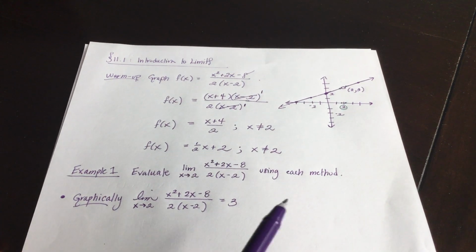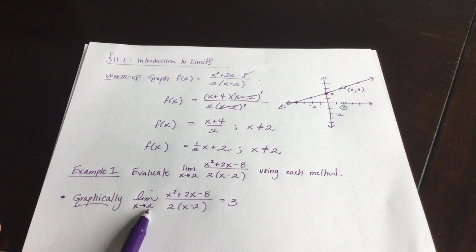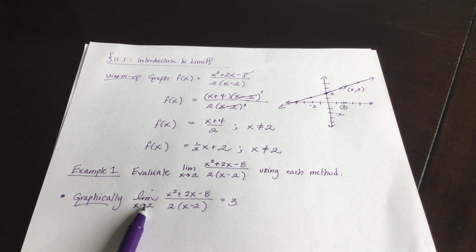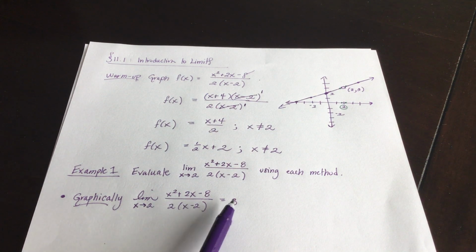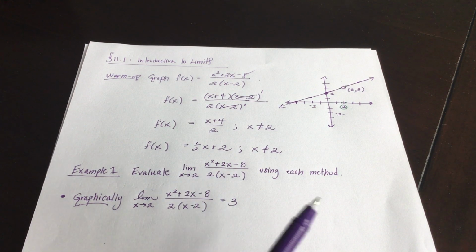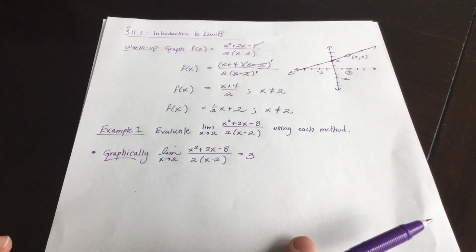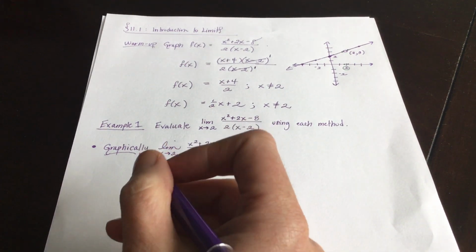Again, it's because we're talking about what happens if you evaluate the rule at numbers infinitely close to 2, but not 2, and your answers are getting closer and closer to 3. I hope that makes sense. If it doesn't, as we go through the lesson, we'll try to fine tune it for you.